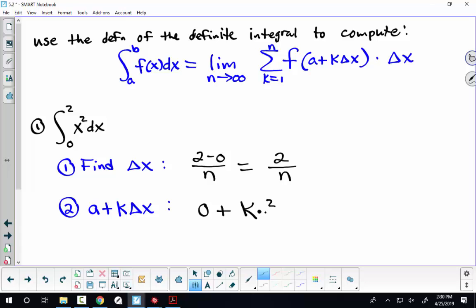So there's our a plus k delta x, which just gives us 2k over n. Now we have to take a plus k delta x and plug that into our function to evaluate f of a plus k delta x.